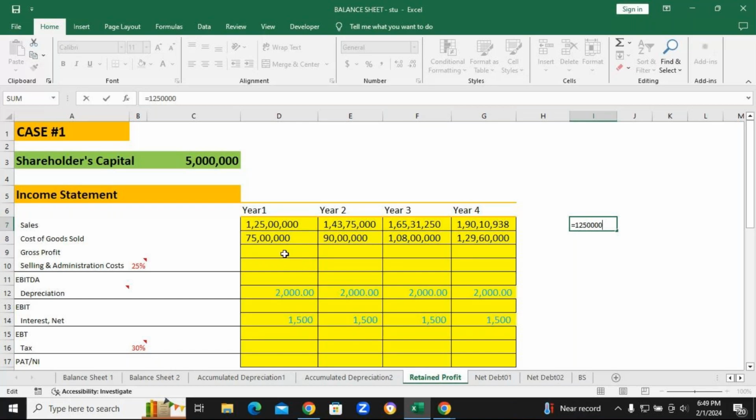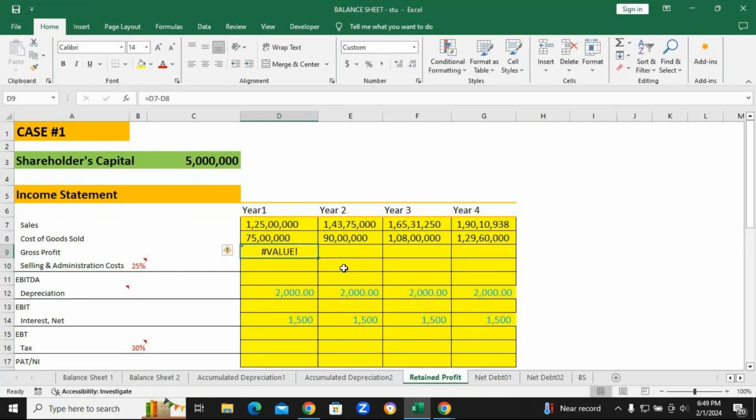Let's start applying the calculation. I wanted you people to listen and then I'll give you the time to solve it. So in order to calculate the gross profit, so till now we have solved so many problems, you must have got an idea how to calculate the balance sheet. This gross profit is sales minus COGS. As you can see, if I don't put it along with equals, this is how it happens.